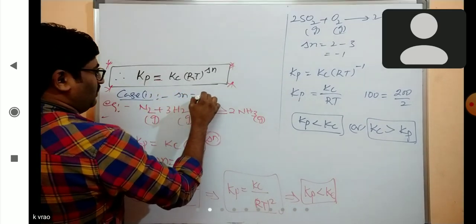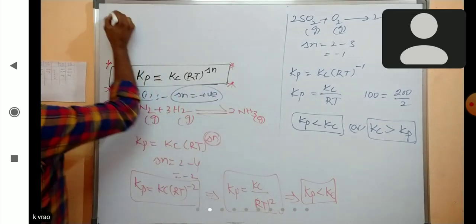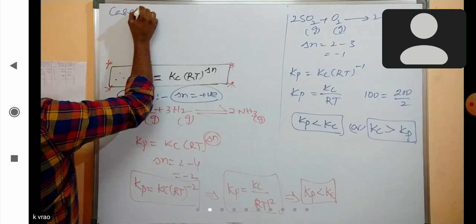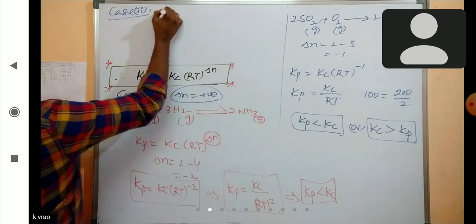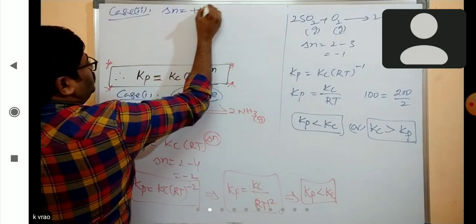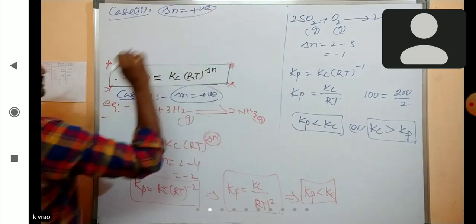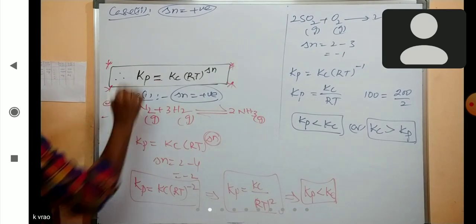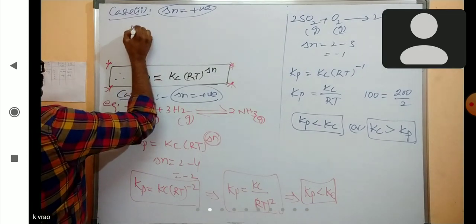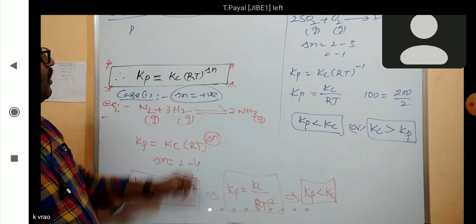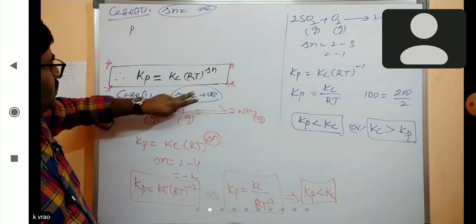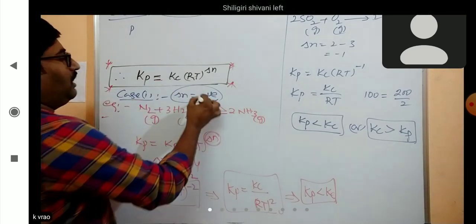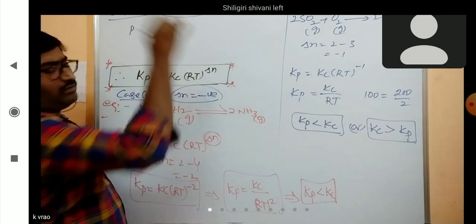Next, case number 2: delta n is equal to positive. Sorry, in case 1 delta n is negative, and this one is delta n equal to positive.